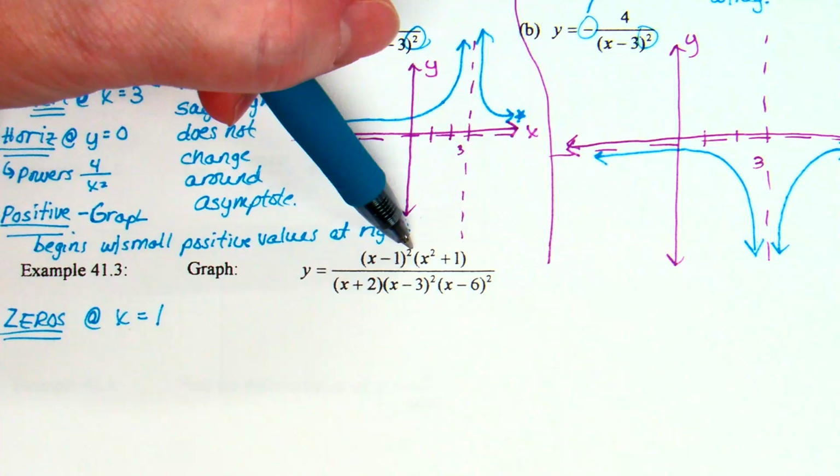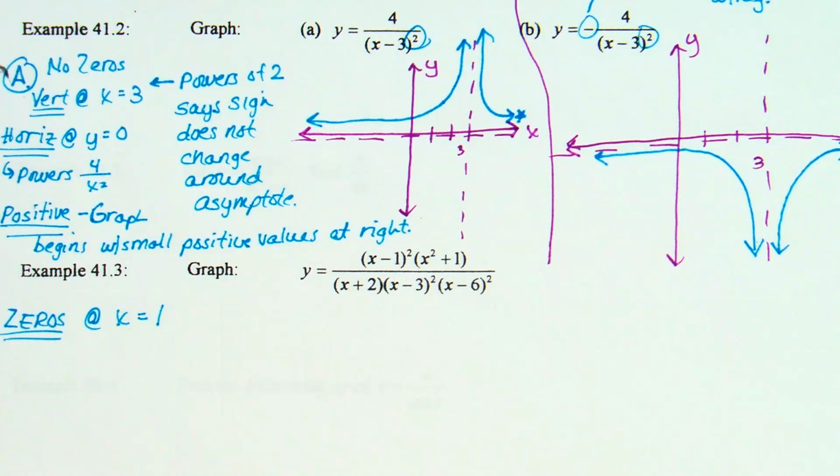Vertical asymptotes. Negative 2. Positive 3, multiplicity 2. Positive 6. Okay. Vertical asymptotes: negative 2, 3, and 6. Are we okay with that? That's denominators equal to 0, right?